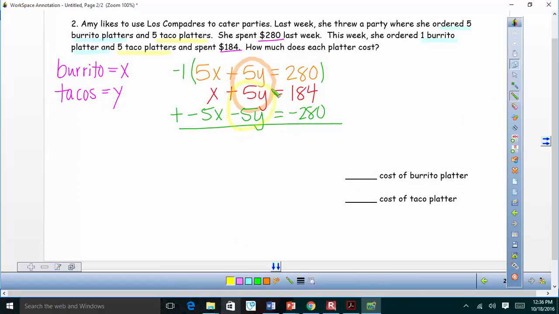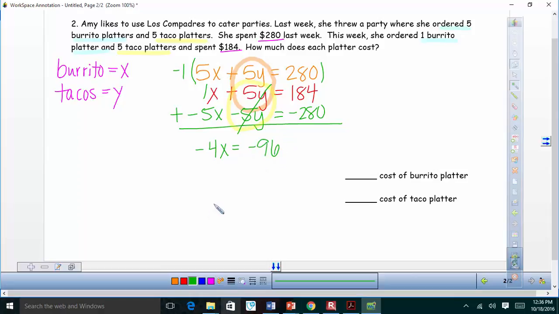Yes, they are same number, opposite sign, so what happens to them? They cancel. What is x plus a -5x? What number is technically in front of this x? 1. So it would be -4x equals, what is 184 minus 280? -96.